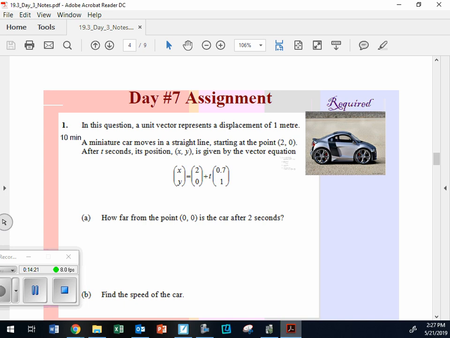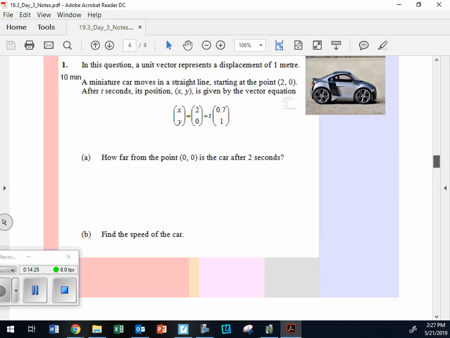A miniature car moves in a straight line, starting at the point 20. Oh, that's this equation. After t seconds, its position xy is given by the vector equation. So it's basically telling you context around a vector equation. Now, instead of just a generic, like this is an equation, they're telling you that it represents a car, starting at a certain spot.